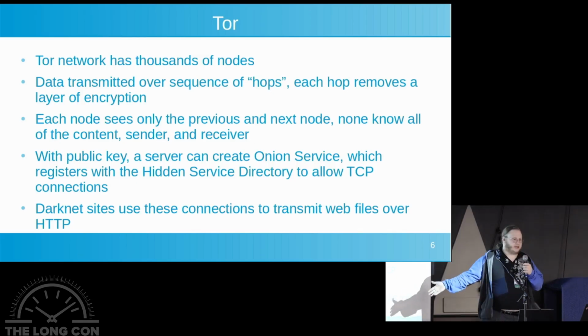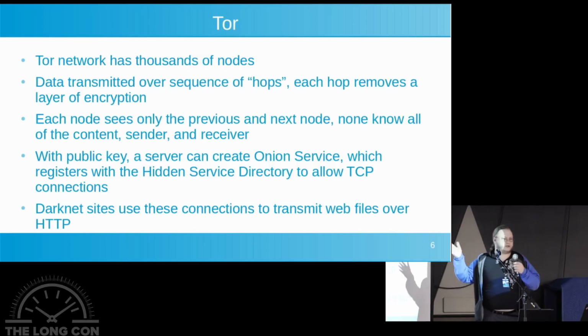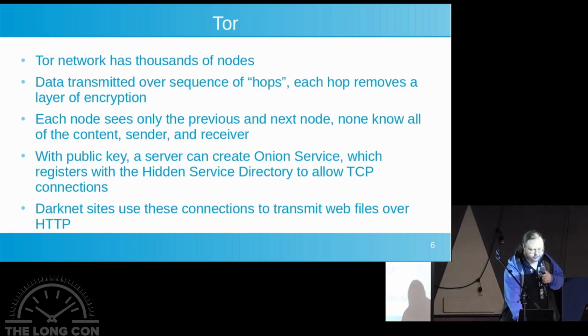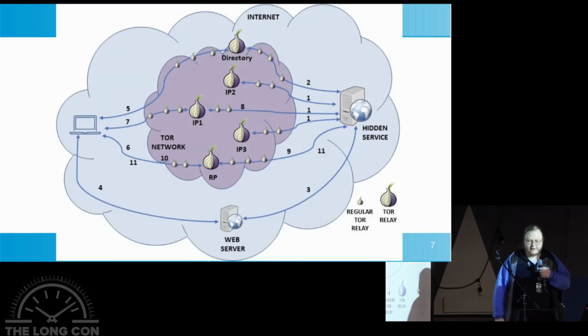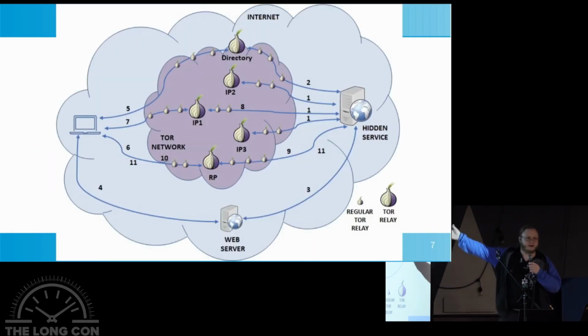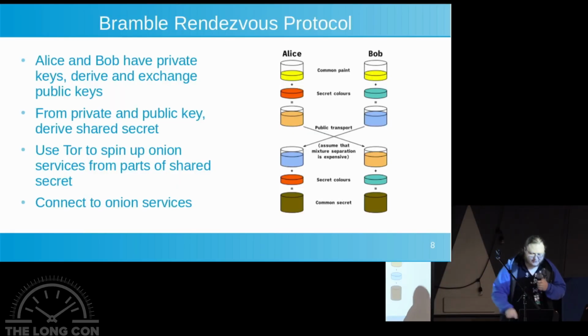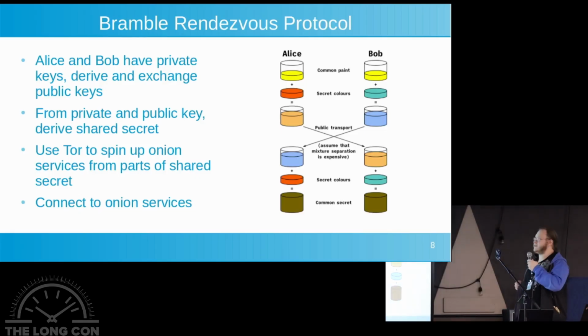But it doesn't have to be HTTP. It can be arbitrary data, which is what these protocols are doing. This is how you set up an onion service. So now you know how to set up an onion service.